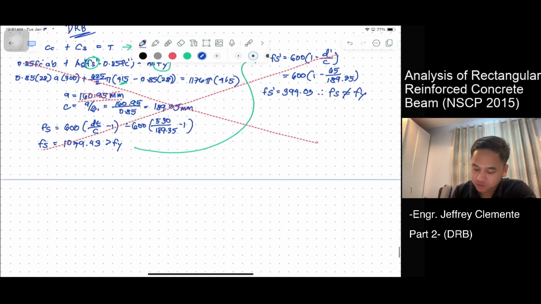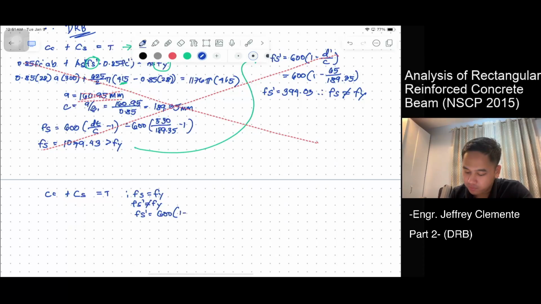Okay. So, CC plus CS is equal to T. Now, hindi tayo mag-assume dito. Alam natin na yung Fs is equal to Fy, but Fs prime is not equal to Fy. Therefore, ang Fs prime natin, in terms of A, ang mangyayari dyan, 600 magiging 1 minus D prime over C. Ano ang C? C is just A over beta, di ba?